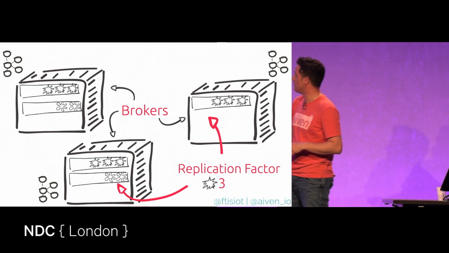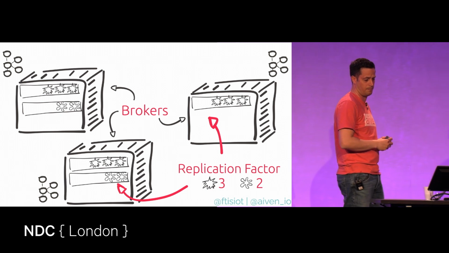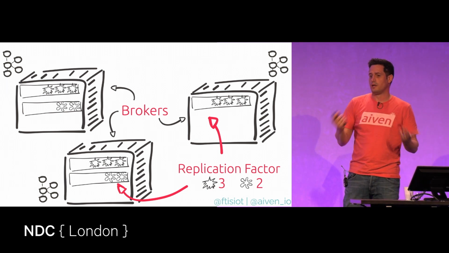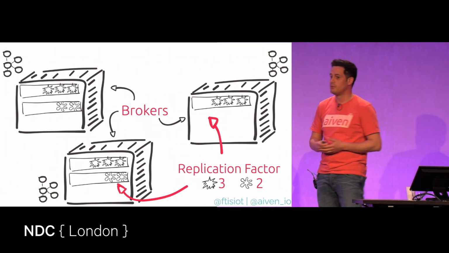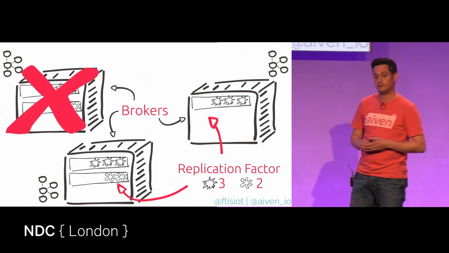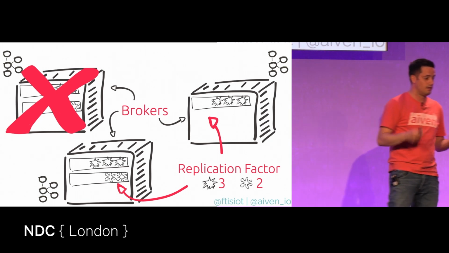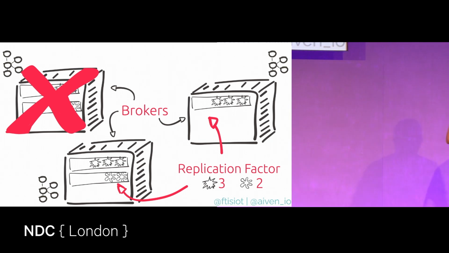In this case, we have 3 copies of the sharp edges log and 2 copies of the round edges log. Why do we do this? Well, because we know that computers are not entirely reliable, so we know that we could lose a node. But even if we lose a node, we don't lose any data. This is the beauty of Kafka.